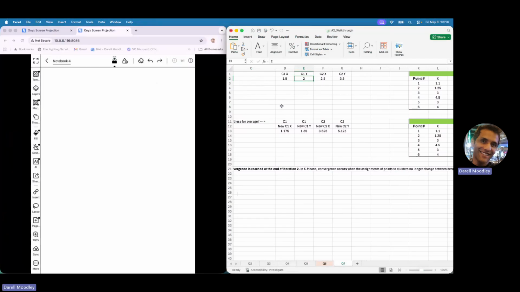So you're given centroid 1, and it has coordinates 1.5 and 2. And my other centroid, centroid 2, has coordinates 2.5 and 3.5. So that's shown here. That's my second centroid. It has an x and y value, and my first centroid has an x and y value.